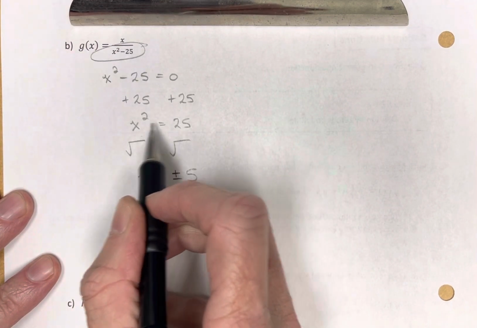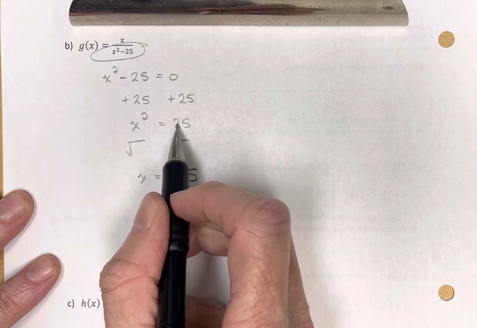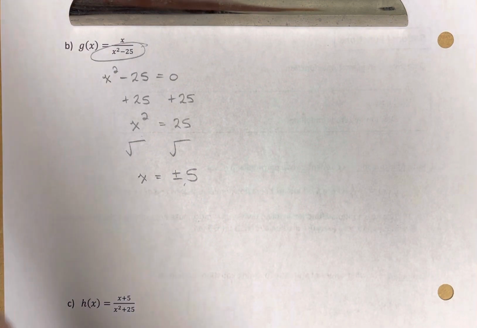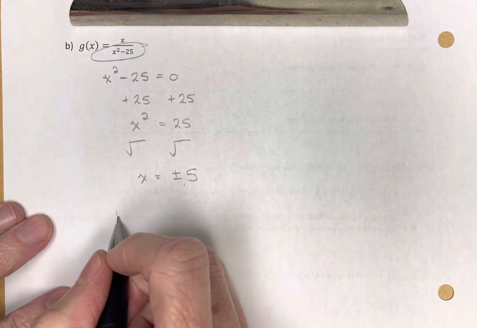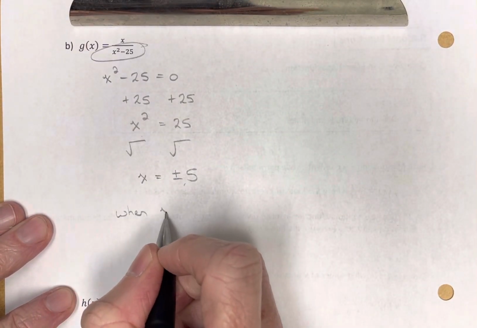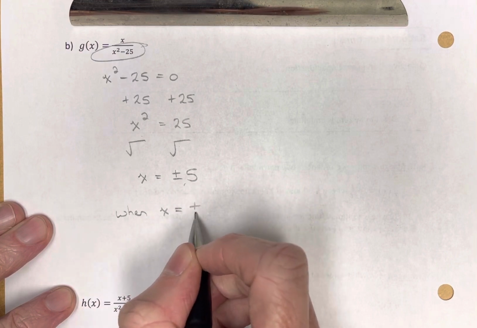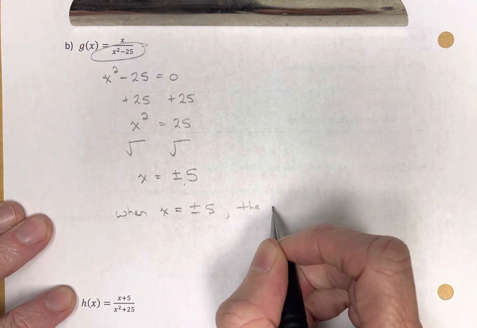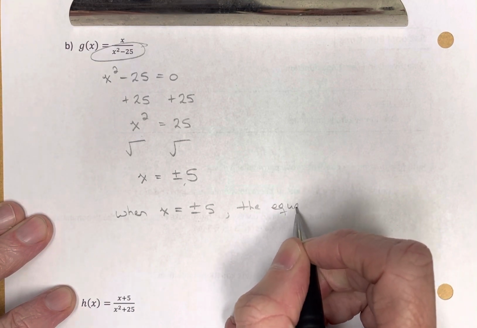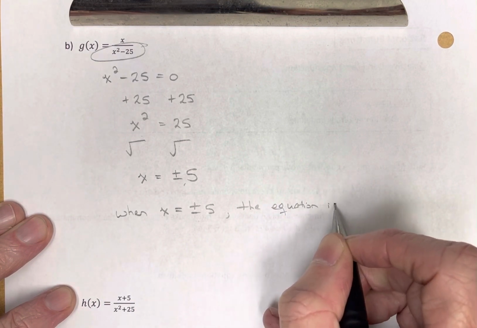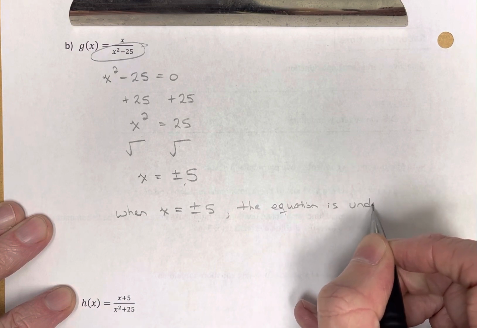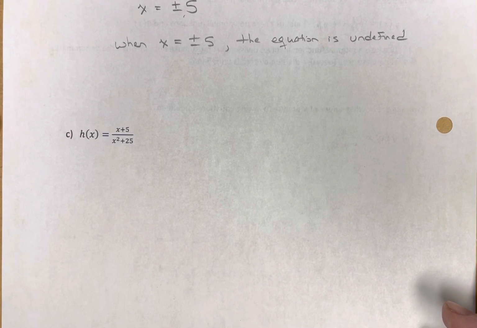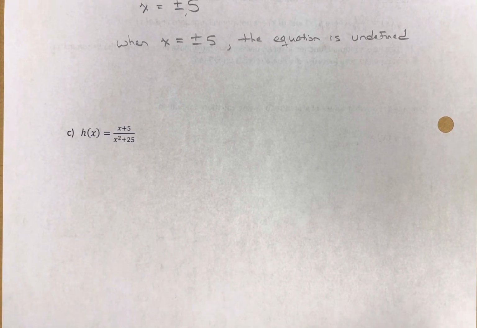Remember, taking the square root of both sides results in a positive or negative answer. Which means when x is equal to positive or negative 5, the function is undefined.